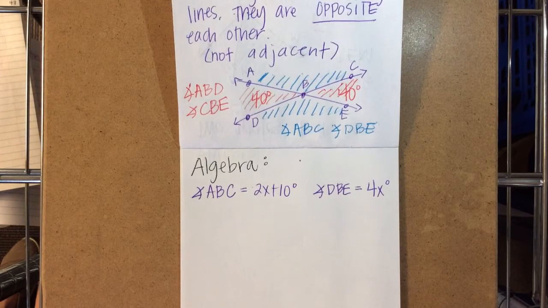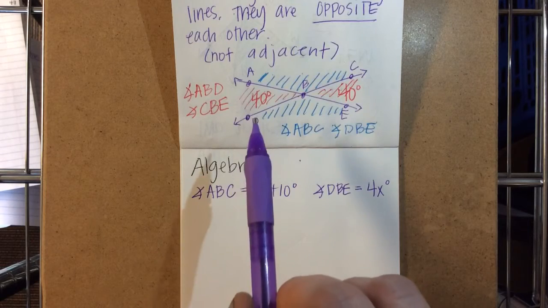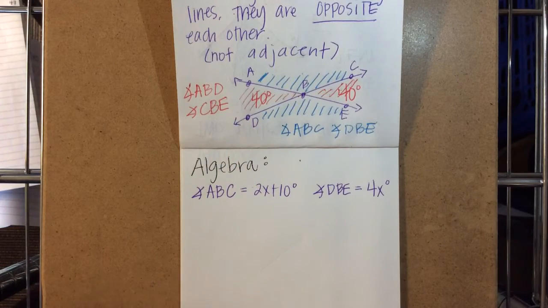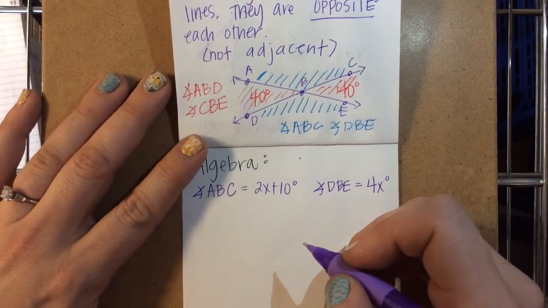What kind of relationship does ABC have with DBE? How are those two angles related to each other? What kind of relationship do they have, Colin? They're vertical. So what does that mean? What do we know about vertical angles? They're opposite each other, and they're equal.